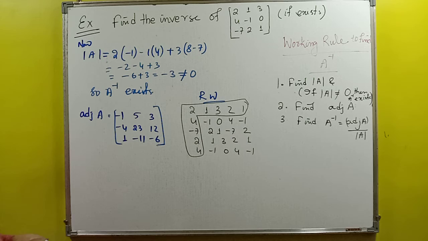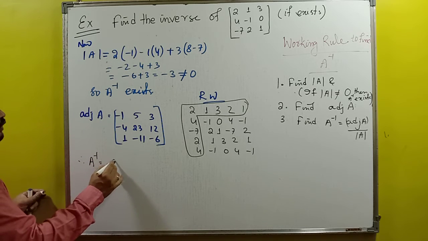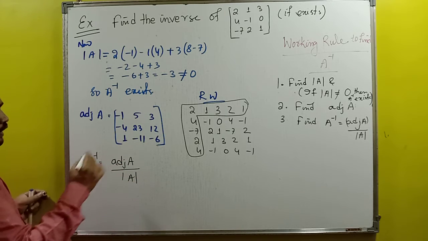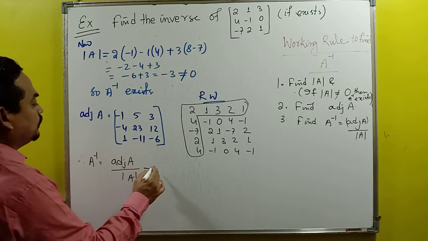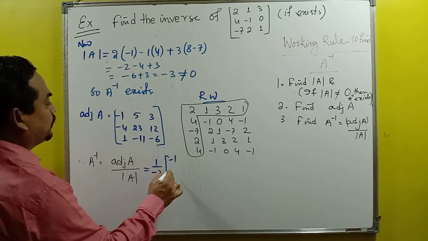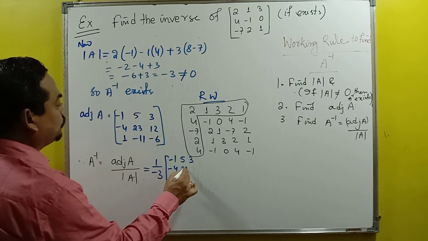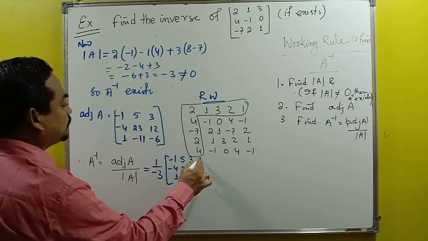Now we require to find its A inverse. The adjoint you have got. Therefore A inverse, as we know, is adjoint A upon determinant A. This is equal to 1 upon minus 3 into the adjoint matrix: minus 1 5 3; minus 4 23 12; 1 minus 11 minus 6.